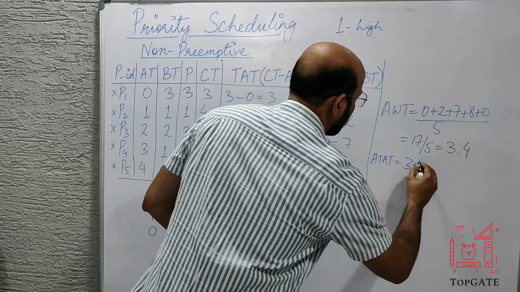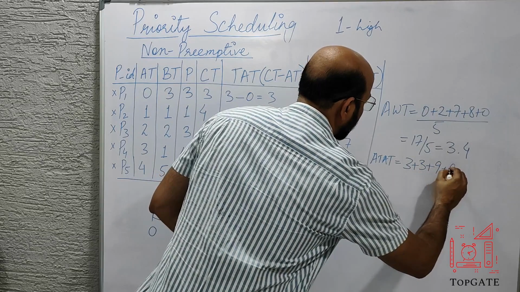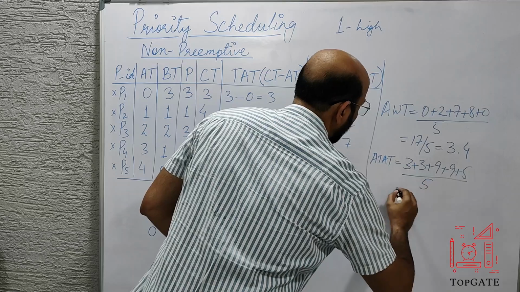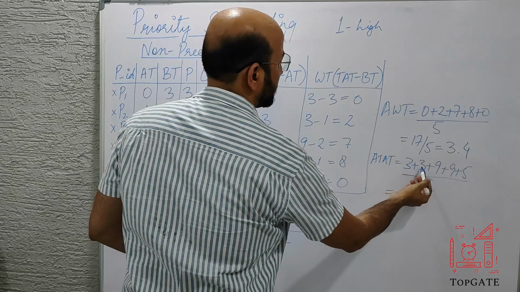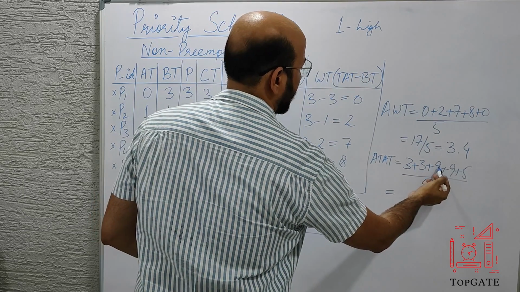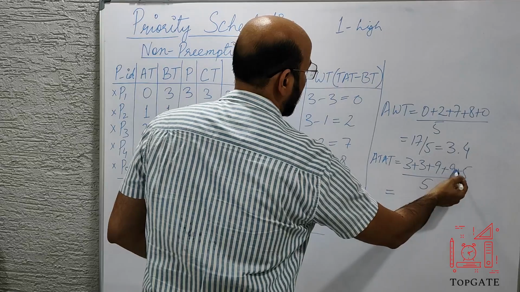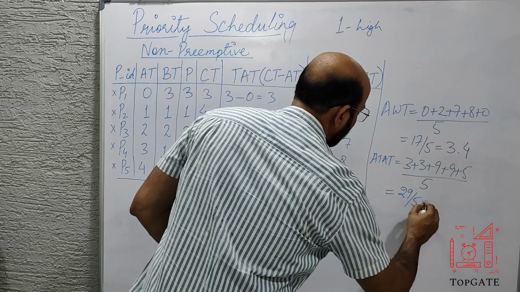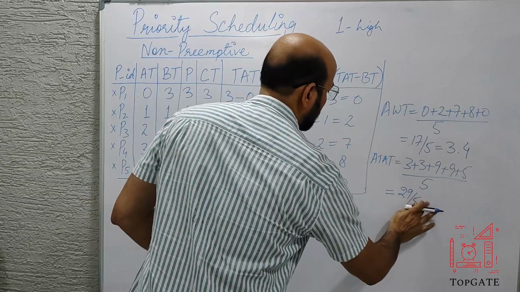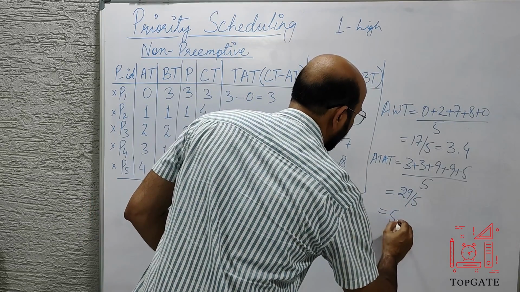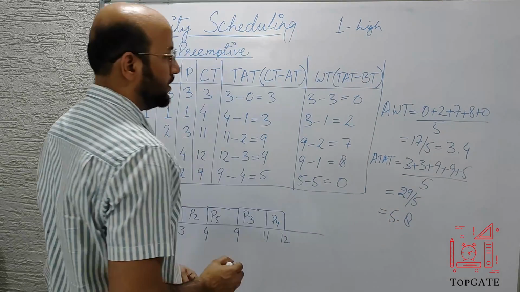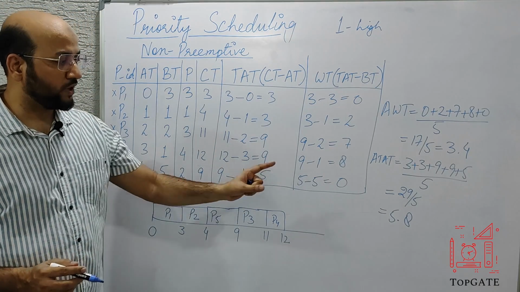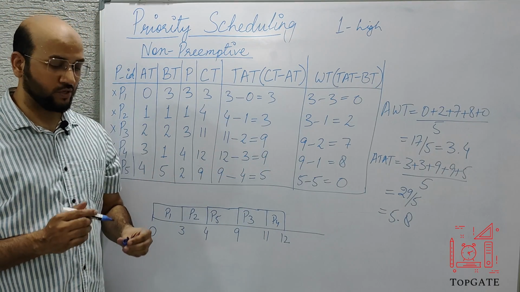So 3 plus 3 plus 9 plus 9 plus 5 divided by 5 processes, that will give you 3 plus 3 is 6, 6 plus 9 is 15, 15 plus 9 is 24, 24 plus 5 is 29, divided by 5. That will give you 5.8. So 3.4 is your average waiting time, and 5.8 is your average turnaround time.